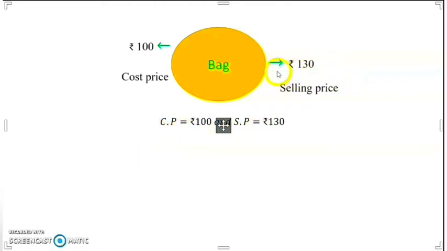So by selling the bag at rupees 130, you have gained rupees 30. So now this gain is known as profit. So here the profit is nothing but the selling price minus the cost price, that is SP minus CP. So that will be equal to 130 minus 100, which is equal to 30 rupees.